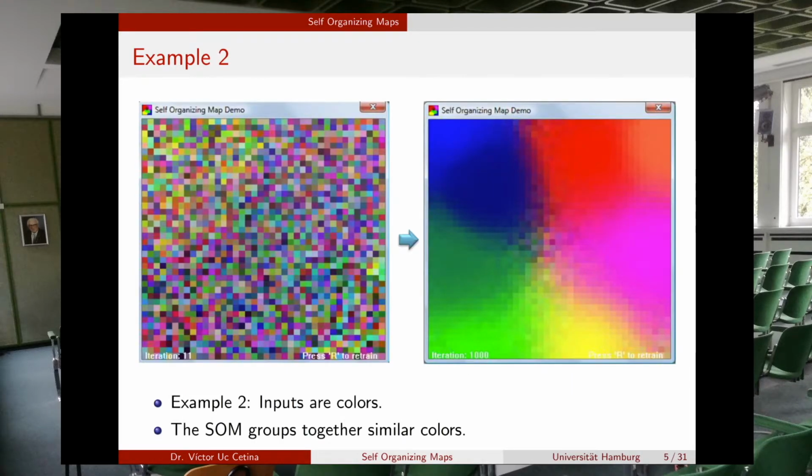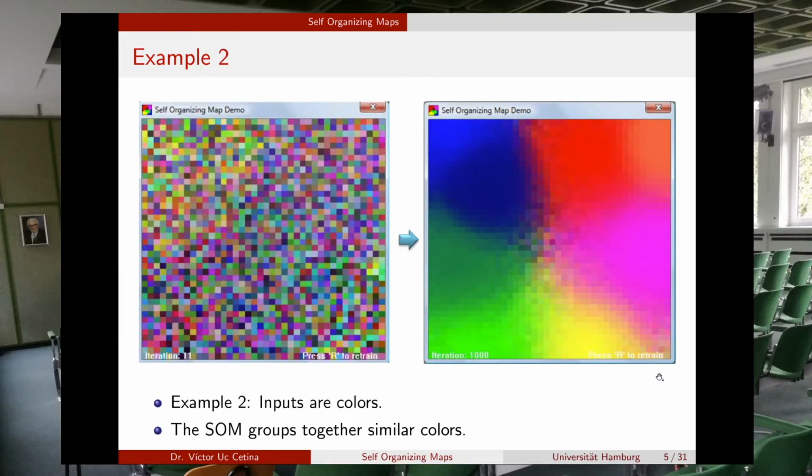This is another example in which we gave random colors of pixels, and after training, the map that is created shows you the different colors that were contained in that set of pixels.